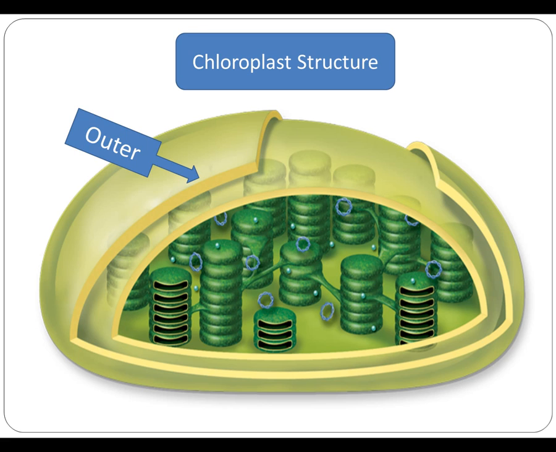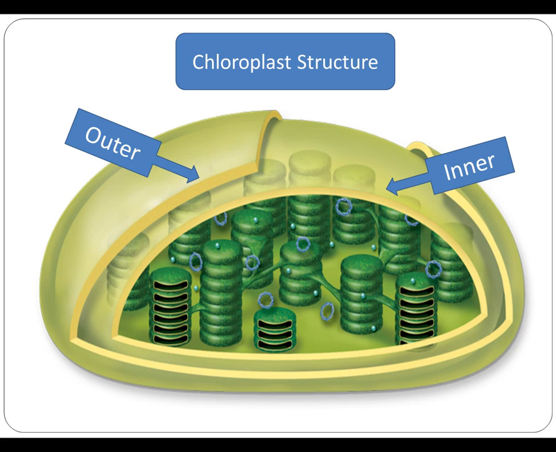Just to review the basic chloroplast structure, we have the outer membrane as well as the inner membrane. What did I have you note on your handout last week about the purpose of the outer and the inner membranes? They transport molecules in and out.